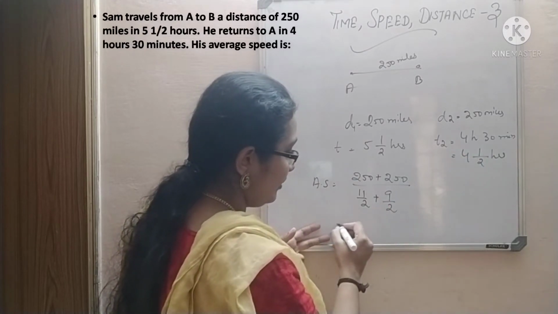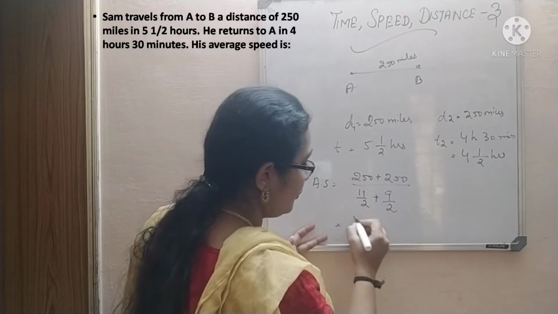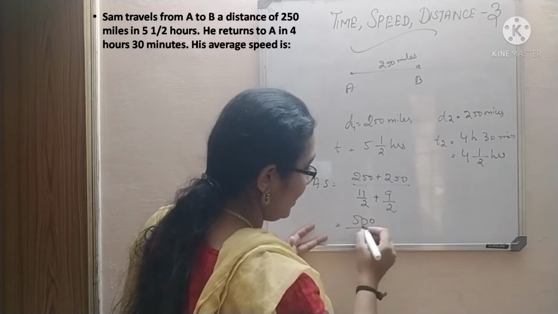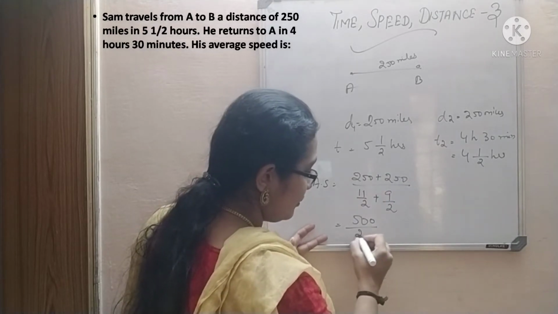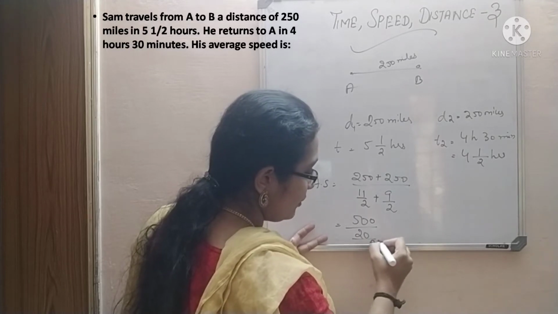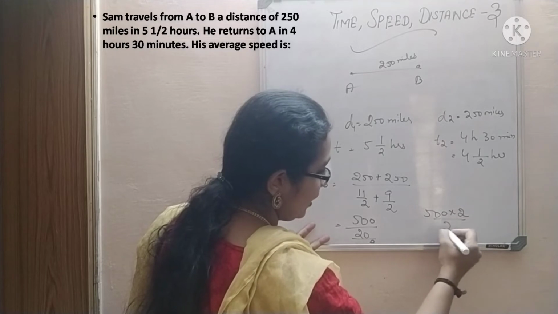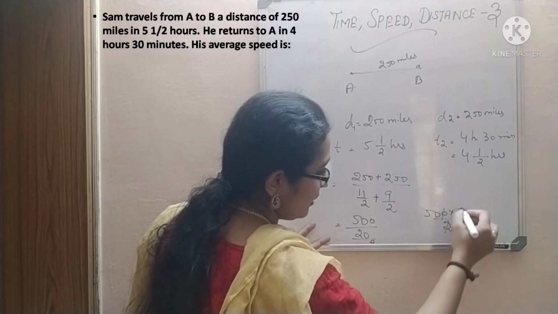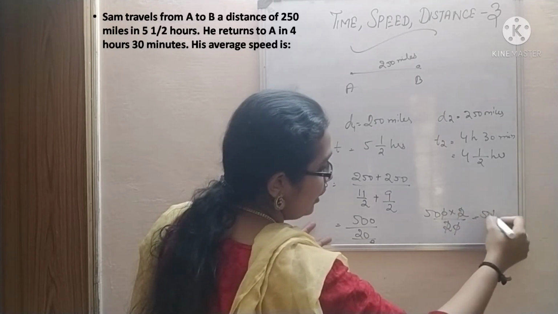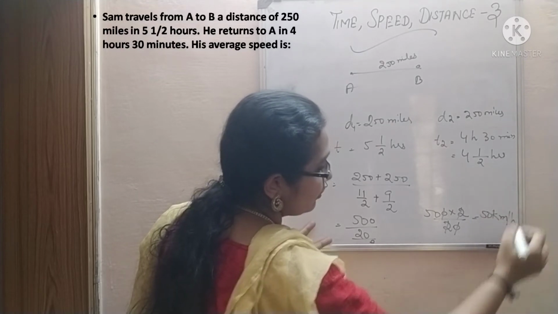So LCM here is 2 only. 250 plus 250 is 500, divided by 11 plus 9 is 20, divided by 2. When you take 2 up, you get 500 into 2/20. So 0s cancel, 2s cancel, which is equal to 50 kilometer per hour. Easy, right? Yes. See the next question.